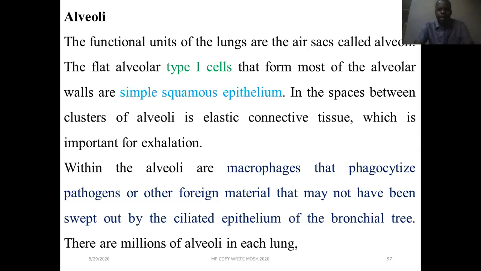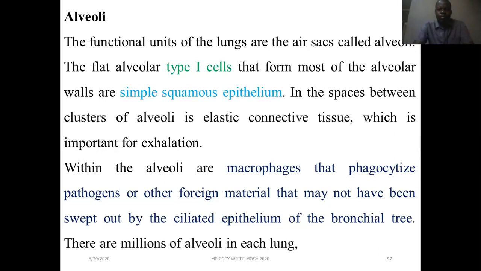Within the alveoli are macrophages that phagocytize pathogens or other foreign materials that may not have been swept out by the ciliated epithelium of the bronchial tree.